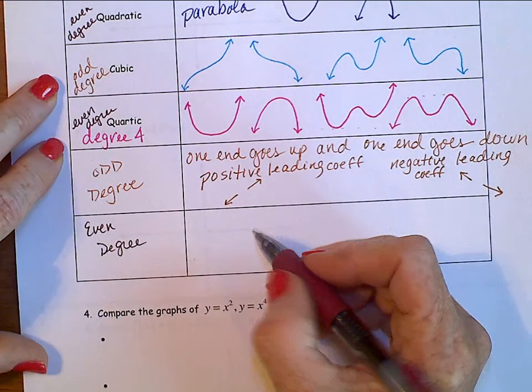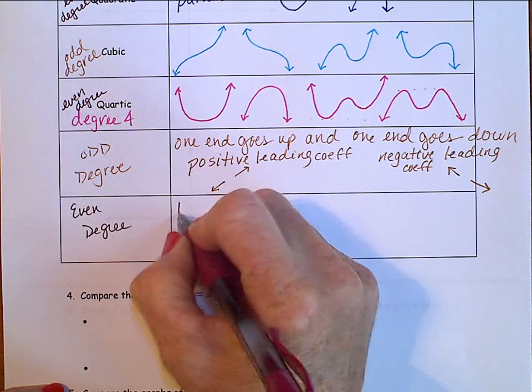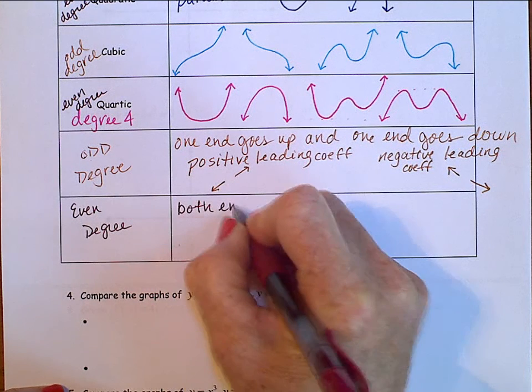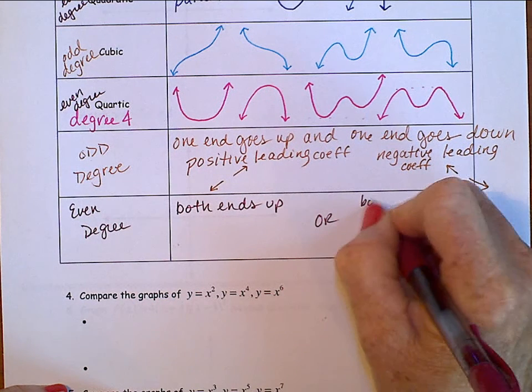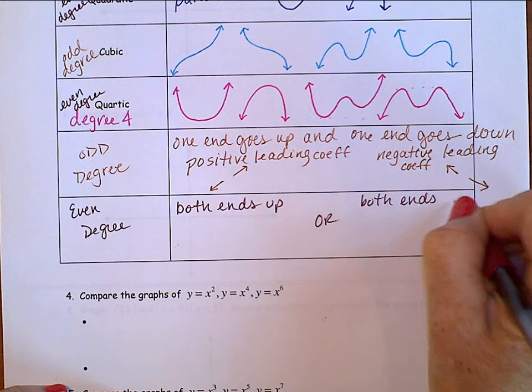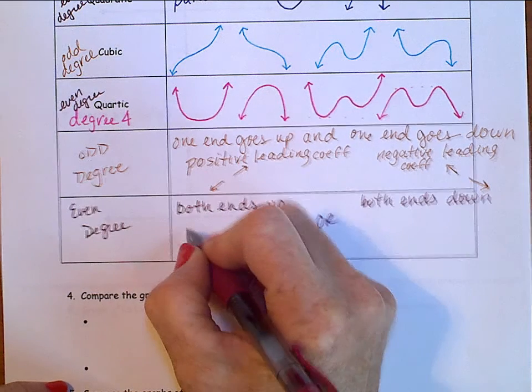Both ends go up or both ends go down. Both ends up is a positive leading coefficient.